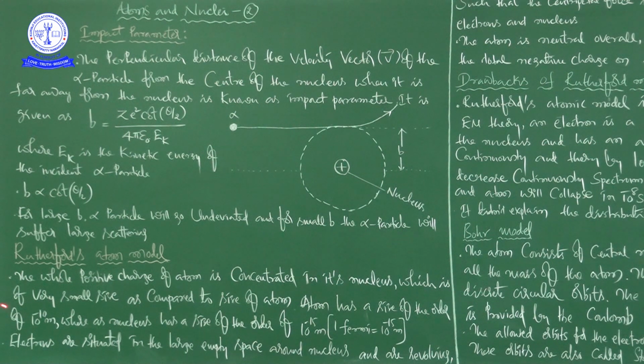Atom has a size of the order of 10 to the power of minus 10 meters, whereas the nucleus has a size of the order of 10 to the power of minus 15 meters. He is comparing the size of the atom and the size of the nucleus.